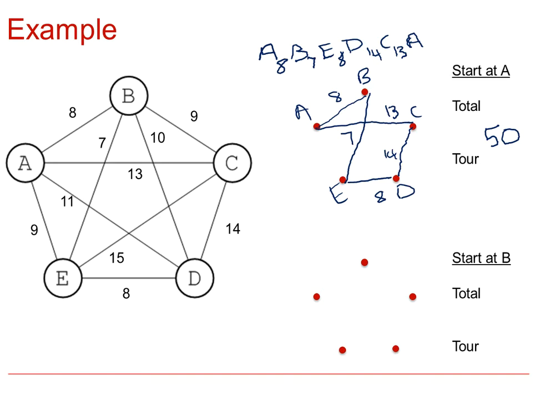Let's consider what happens if we start at B. So, the nearest neighbour to B is E with 7. From E, we know that the nearest neighbour is D at 8. From D, given that we have already joined to E, the nearest one is A at 11.